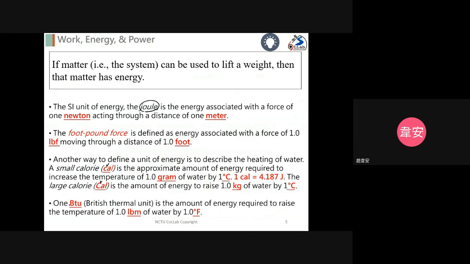And also, the BTU is the amount of energy required to raise the temperature of 1 lbm of water by 1 degree F. So the two units of energy are the first, joule, and the second, calorie. You need to keep in mind those important units shown here.